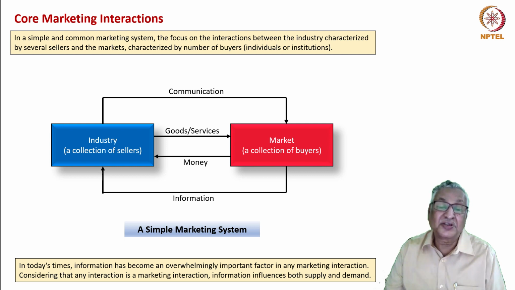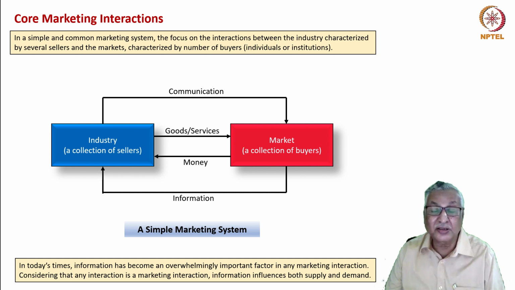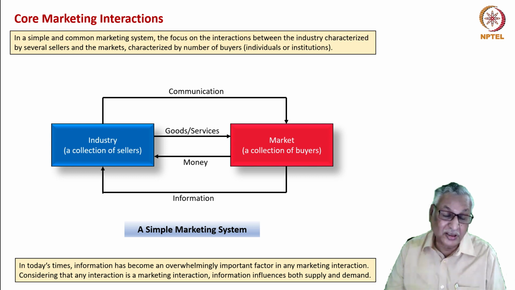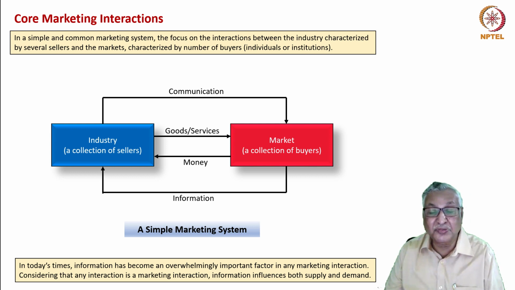And the simple market system, as I have presented here, is at the core of all the marketing activities that take place. But over a period of time, with access to the internet as well as social media, the amount of information that is available, even for trivial marketing exchange systems or for elaborate market exchange systems, has grown exponentially.